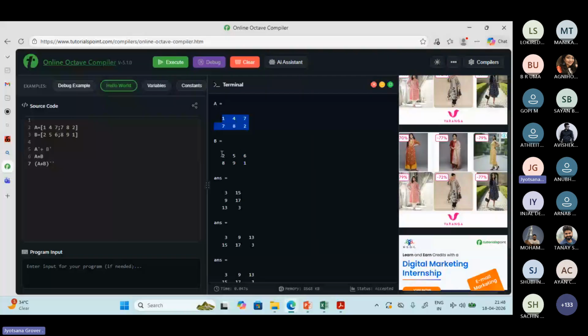This is your A plus B. This is your A, this is your B. A plus B is 2 plus 1, 3, 4 plus 5, 9, 7 plus 6 is 13. Now you take its transpose, A plus B transpose. What do you get? First row is 3.